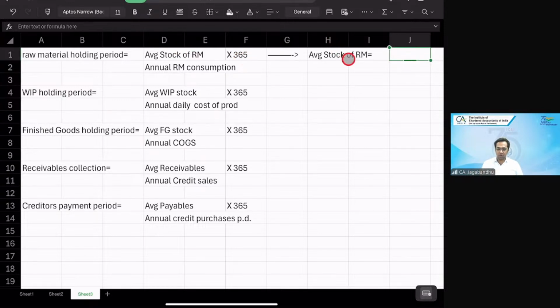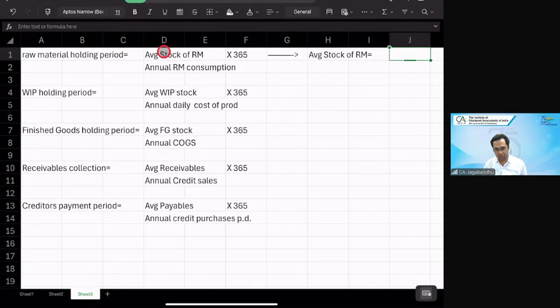Average stock of raw material, you can just take this on the other side and rearrange it. Average stock of raw material will be equal to how much, guys? Can you rearrange that term?